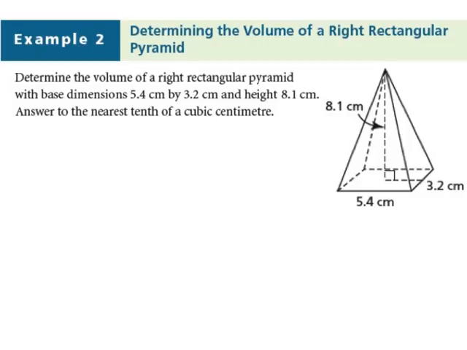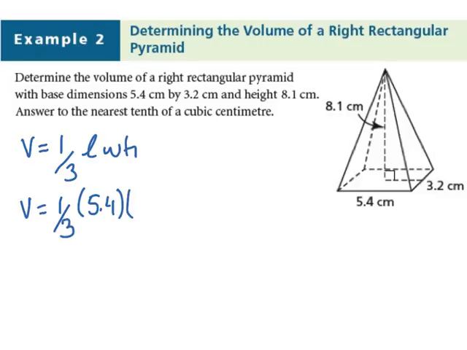So the formula is volume is equivalent to 1/3 length times width times height. So it is 1/3, the length of the base of the pyramid is 5.4, the width is 3.2, and the height is 8.1. And notice that we're dealing in centimeters, so our answer will be in centimeters cubed.